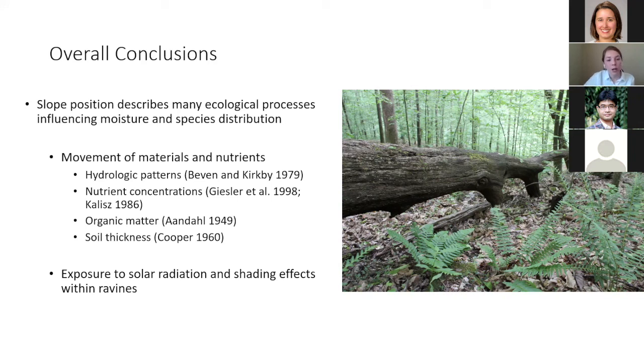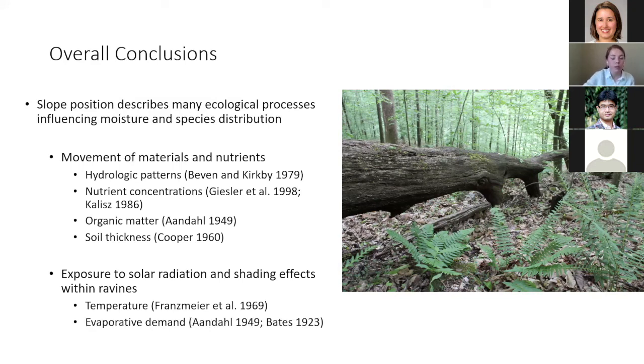This can also describe exposure to solar radiation and shading effects. So temperature could be different within this slope because of those differences in solar radiation or how exposed that site is. It could also lead to differences in evaporative demand. So slope position is capturing some of these ecological patterns and processes. That's why we think that RSP is selected as a top variable in both parts.